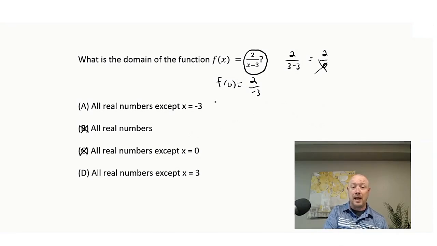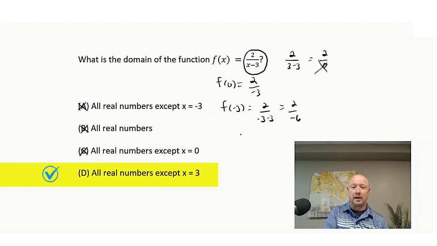If we look at choice A, -3, if we plugged in -3, that's okay, because we would get 2 over -3 minus 3, which is 2 over -6, so that's fine. So we can eliminate that. So the correct answer here would be D, all real numbers except x equal 3. And what's happening here is we have a vertical asymptote at x equal 3.